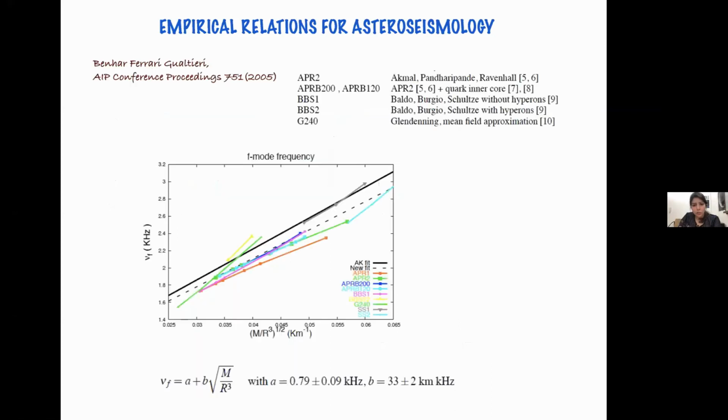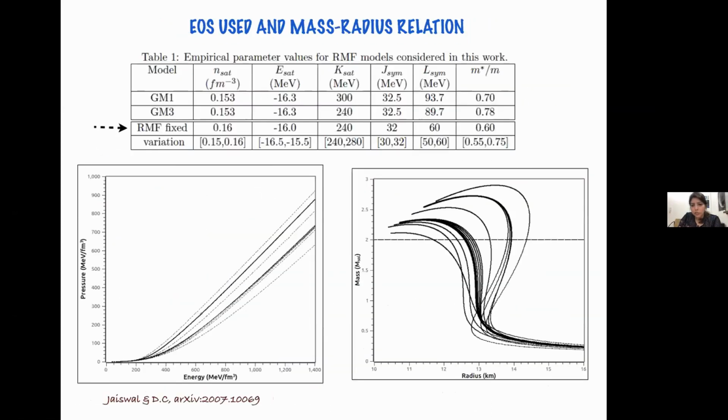The idea is that the theoretically predicted maximum neutron star mass should at least be able to explain the maximum observed neutron star mass. So we only consider those equations of state that can reach at least 2 solar mass. That's why we take those models only. I think this is his query.